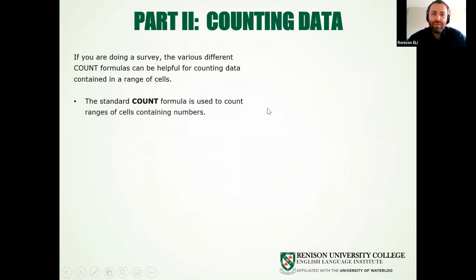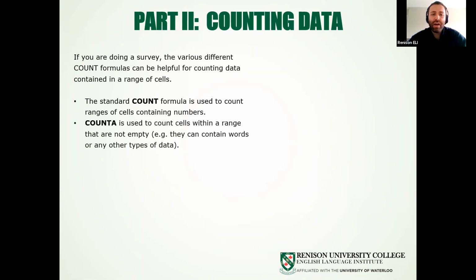So the standard count formula is used to count ranges of cells containing numbers. Count A is used to count cells within a range that are not empty. They can contain words, a string of characters, any other type of data. It doesn't have to be numbers.